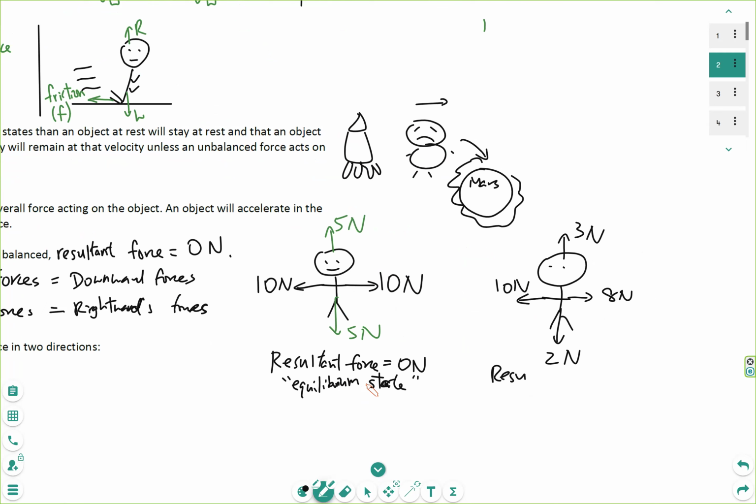Now, could you guess what direction you will finally be moving in? It's not 0. You'll be moving in that direction. Because 10 is greater than 8, that means you're moving to the left. 3 is greater than 2, you're moving up. That means left and up means top left.